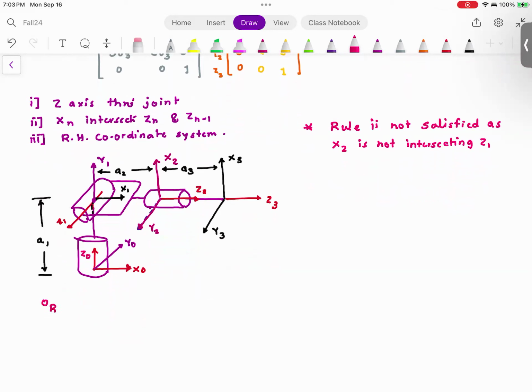We start the setup something like 0R1. 0R1 is the rotation theta 1, theta 2, and theta 3.